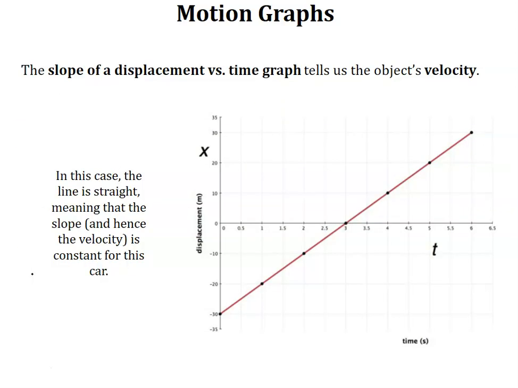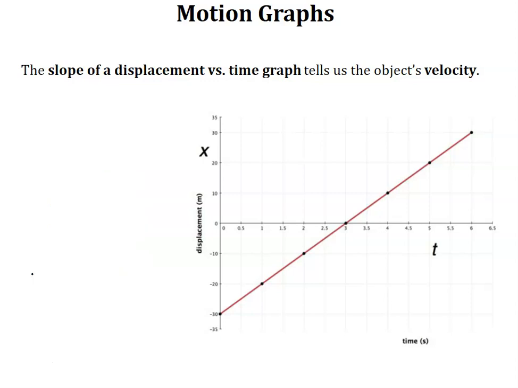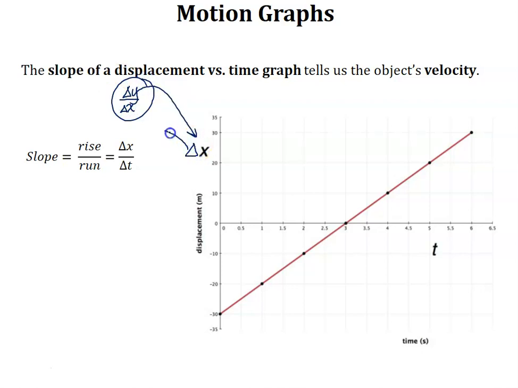The slope of the displacement versus time graph is telling us the object's velocity. In this case, the line is straight, and that means that the slope, and hence the velocity, is constant for this car. We can calculate that slope as the rise over run, which we usually do as the change in y over the change in x, but the y-axis has an x, so the change in x is our change in y.